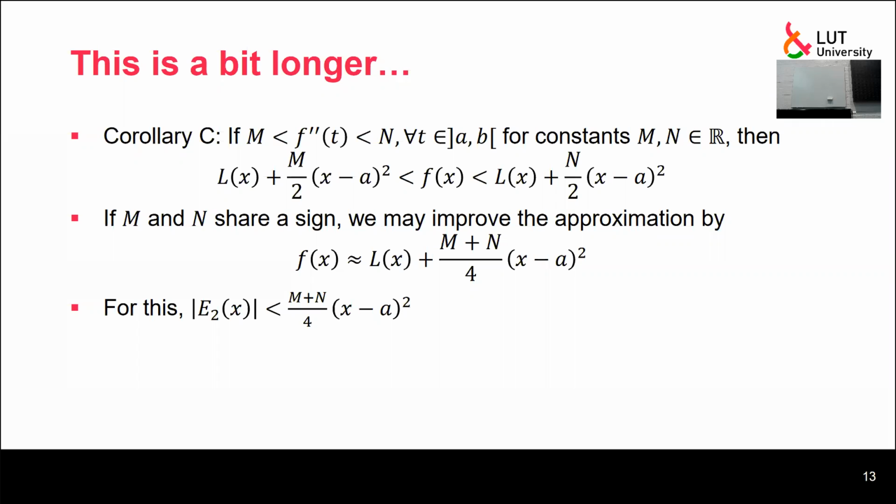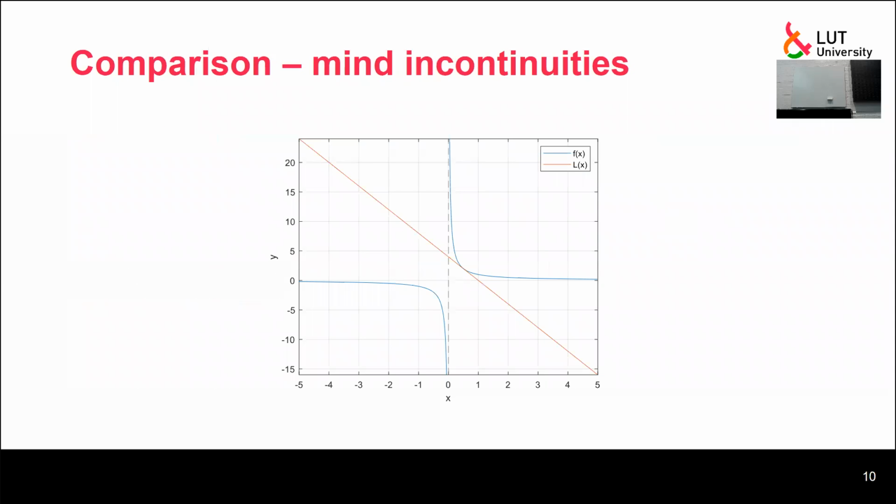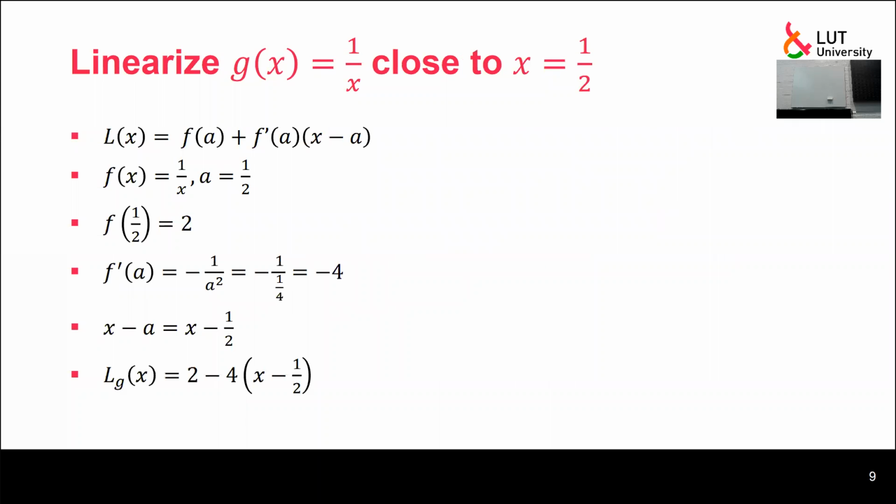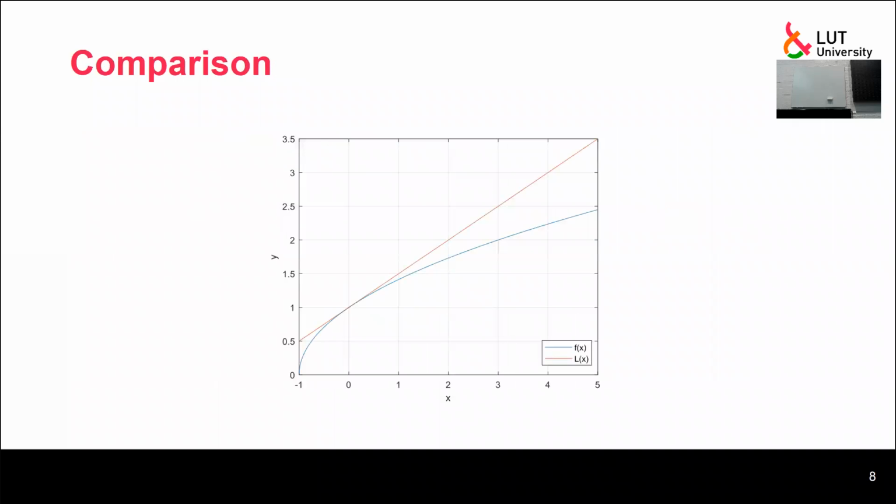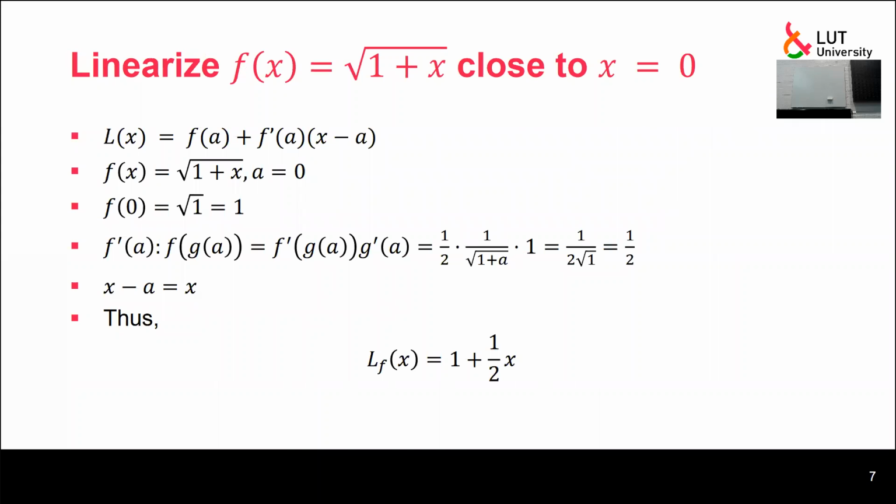And these are really nice because, as we noted in the earlier examples, we had a slightly more difficult function, but it became 1 plus half x, which is really simple to calculate.